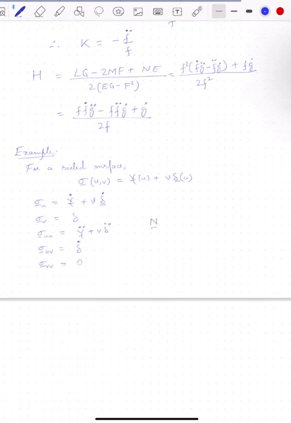Then we construct the normal vector, which is sigma u cross sigma v divided by the norm of sigma u cross sigma v.